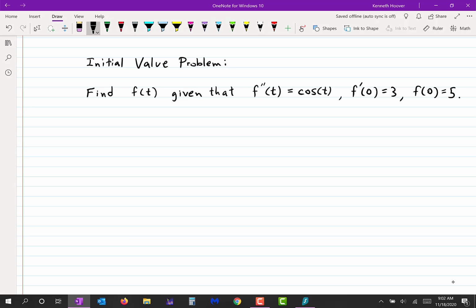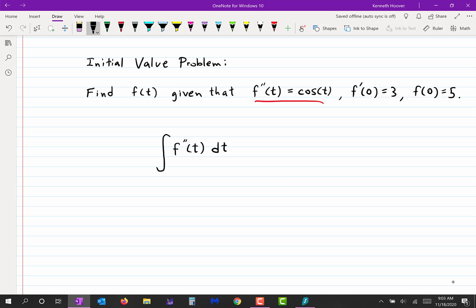Okay, you start with this here. The second derivative is cosine. Now, I want you to think about this. If I were to integrate the second derivative, my variable, notice here, is t, so I put dt at the end.